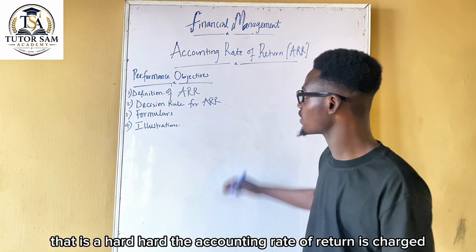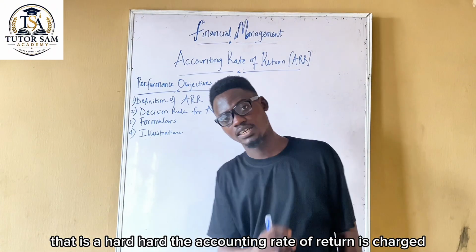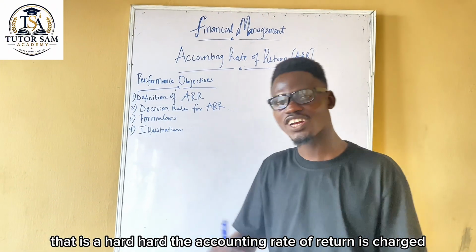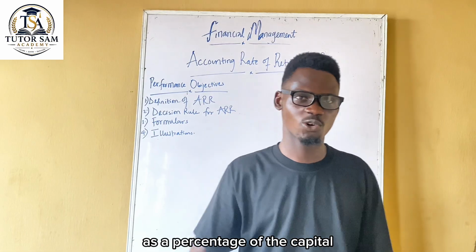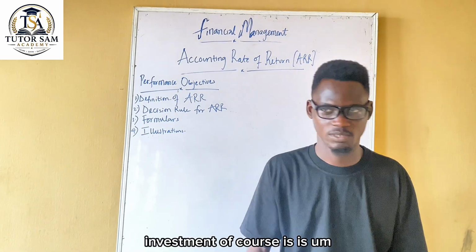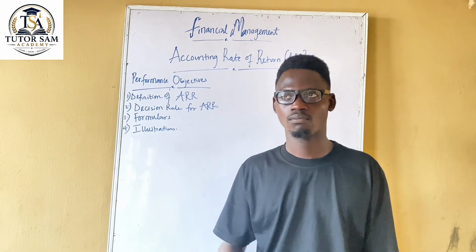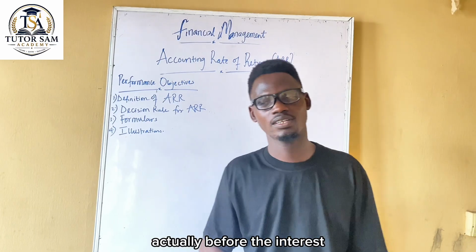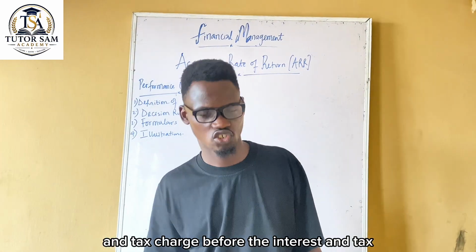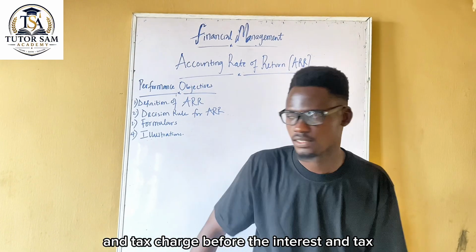Are we together? It's called accounting rate of return. The accounting rate of return is charged as a percentage of the capital investment, and it is charged before the interest and tax.